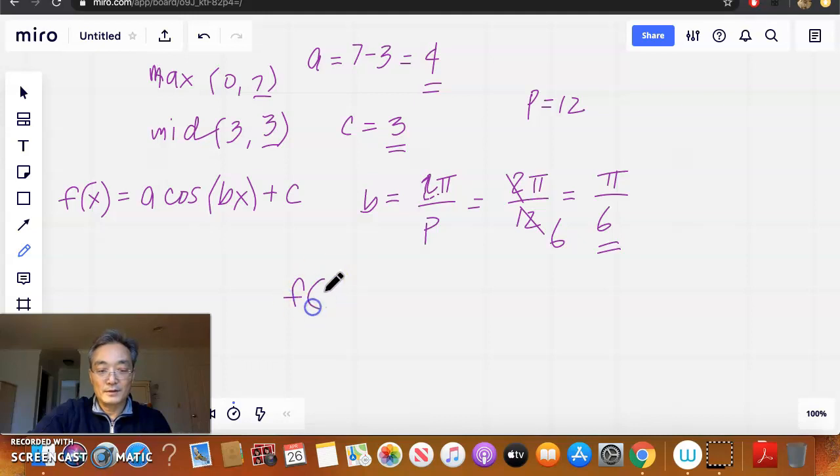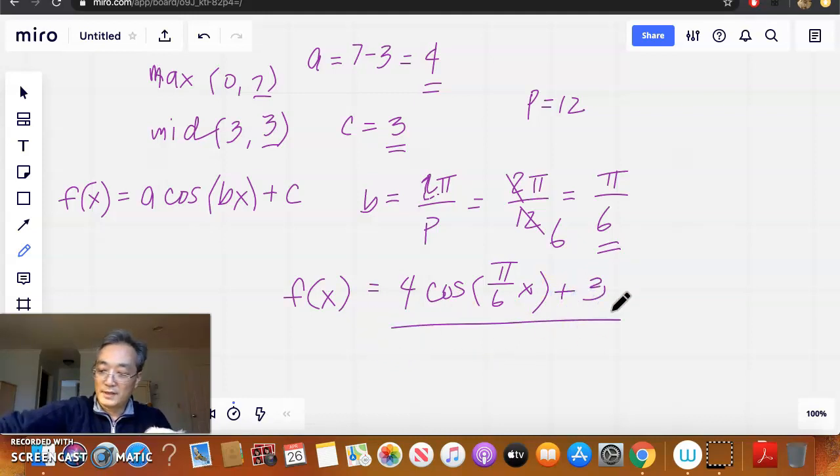So f of x is equal to 4 cosine of pi over 6 x, and then plus 3, right? It's our midline. And that is our function.